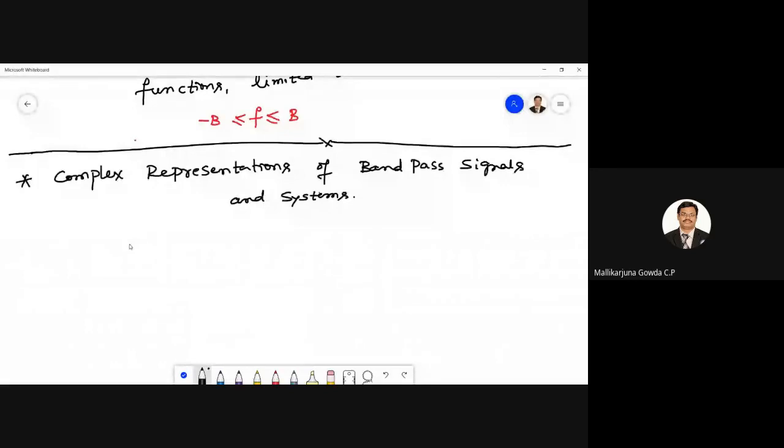I think we have discussed two things. At least I expect you to say how I represent the bandpass signal in terms of its complex low pass, as well as the bandpass system. I expect you to tell the equation.